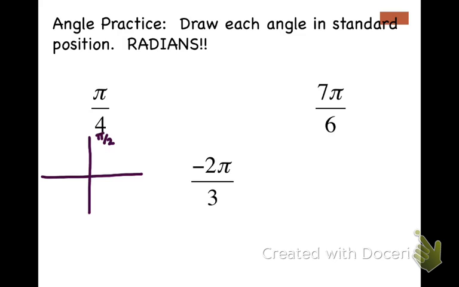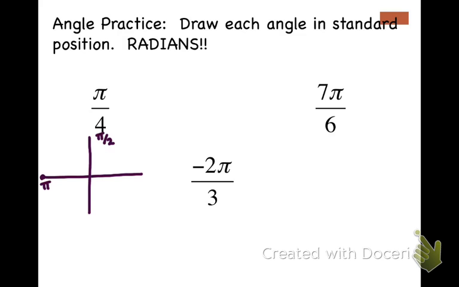And then when I go to that westernmost point, right there, I want to add in another pi over 2, which would give me 2 pi over 2. But 2 pi over 2, the 2's canceling, is just going to give me pi. So I have pi down here.